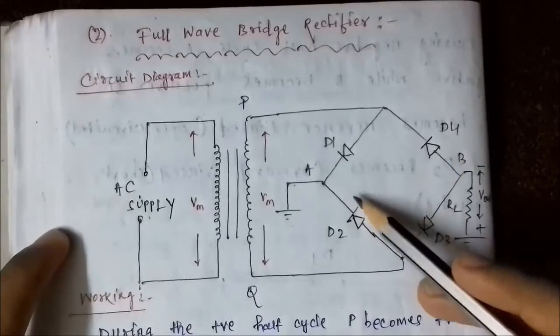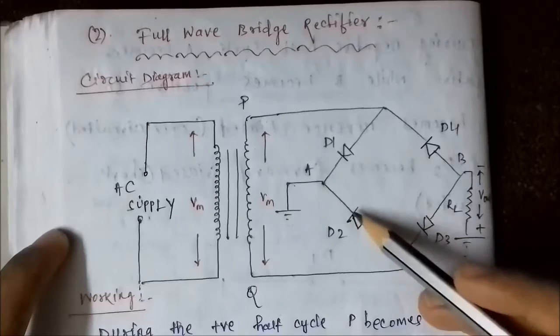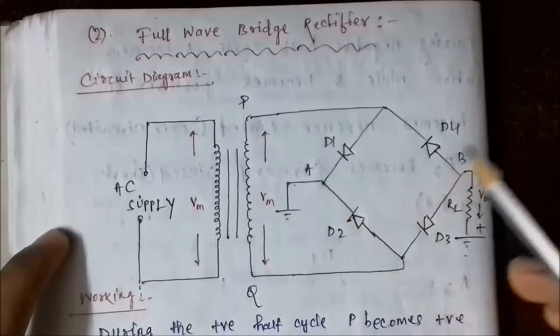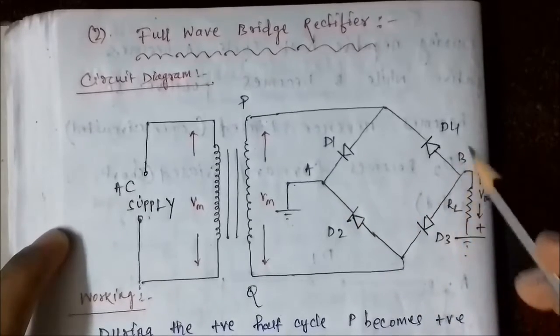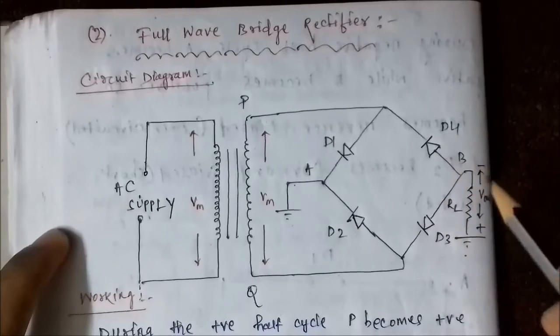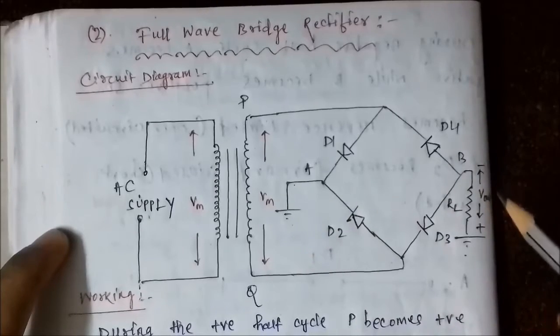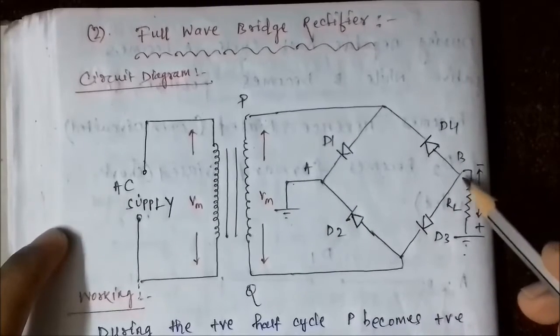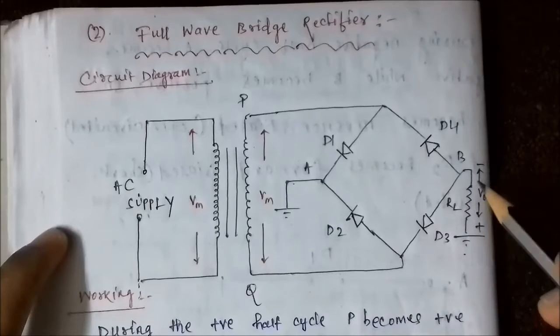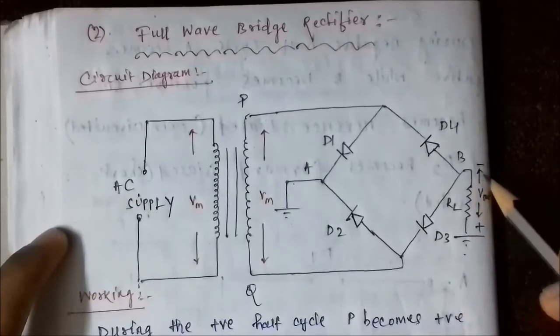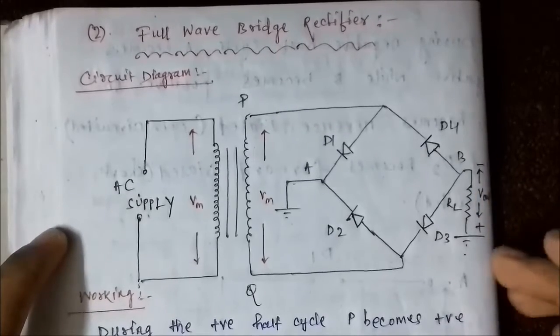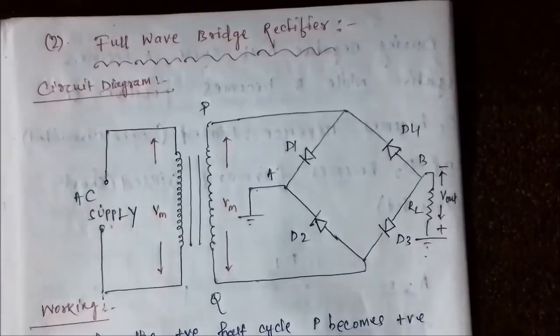Now here the n-type ends of D1 and D2 are shorted together at A, and the p-type ends of D3 and D4 are shorted together at B, and the A terminal is grounded while a load resistance is connected at the terminal B, or the shorted point B, across which the output is obtained.